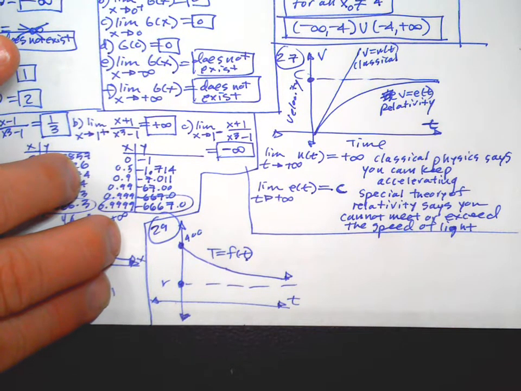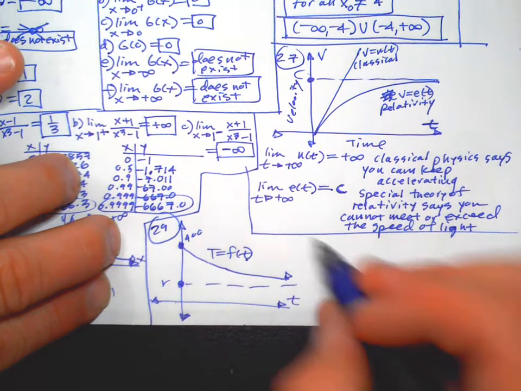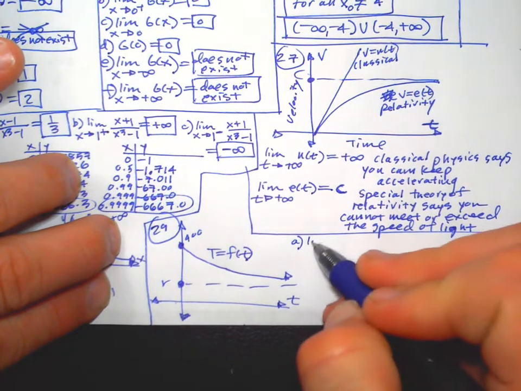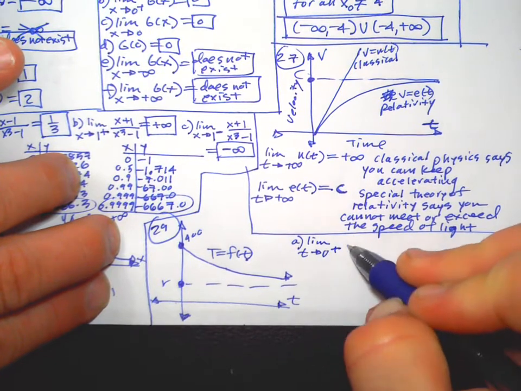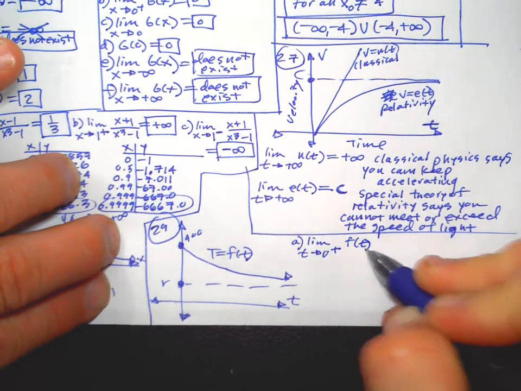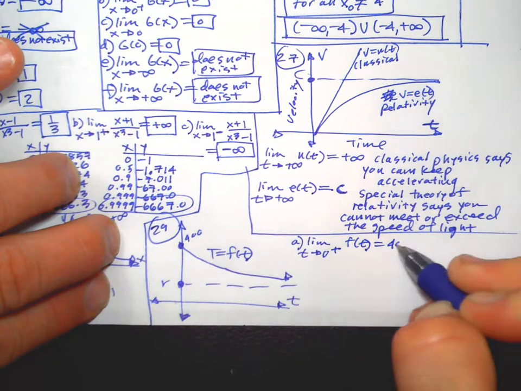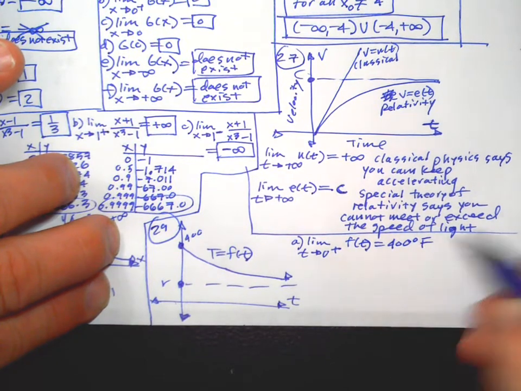Okay. So part A says, what is the physical significance, the limit as t approaches 0 from the right side of f of t? Well, I would say that that answer would be 400 degrees Fahrenheit.